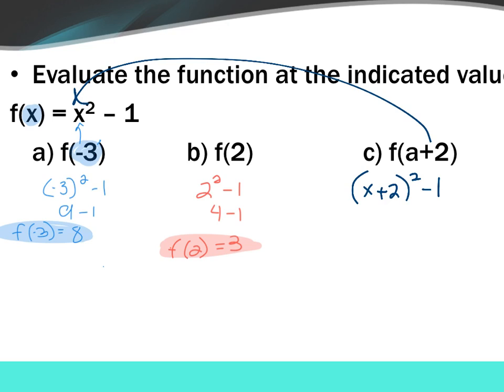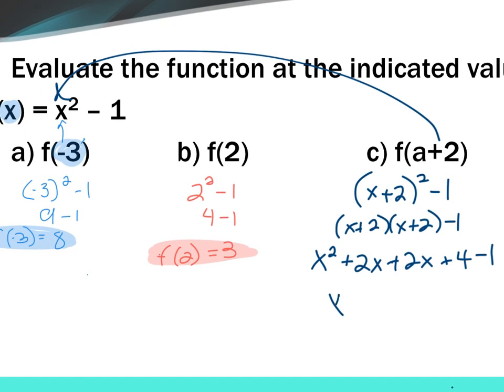Is that what I do with that? No, for the love of God, do not do that. Okay, what do you have to do there? Expand it and FOIL it. So this is (x plus 2)(x plus 2) minus 1, which is x squared plus 2x plus 2x plus 4 minus 1, so x squared plus 4x plus 3.